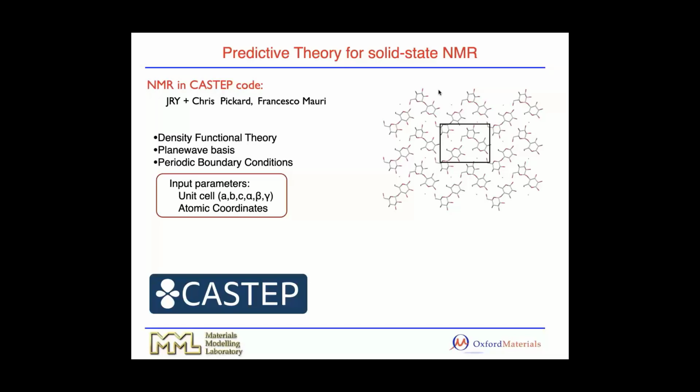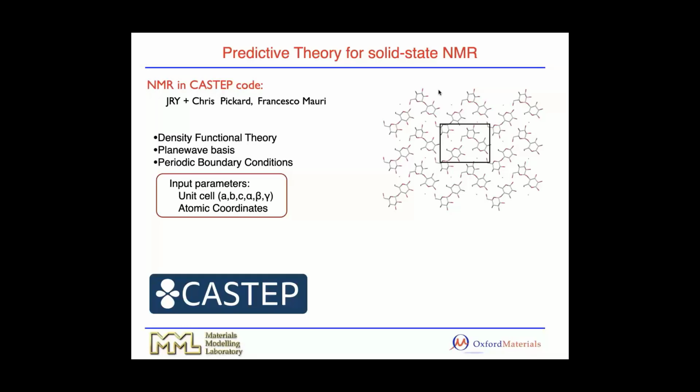This is using density functional theory, a plane wave basis set, and periodic boundary conditions. Essentially the input you would need is the unit cell, a, b, c, alpha, beta, gamma, and at least a reasonable guess at the atomic coordinates.